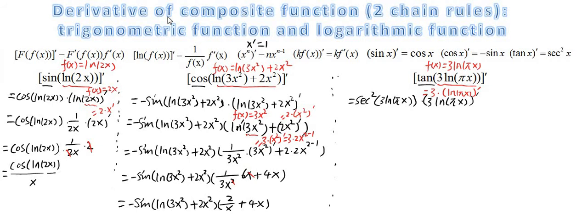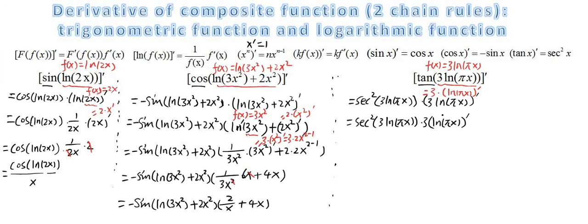Okay, so we have secant squared of 3 ln pi x times the derivative of 3 ln pi x.